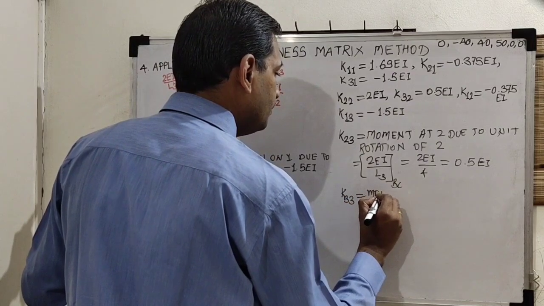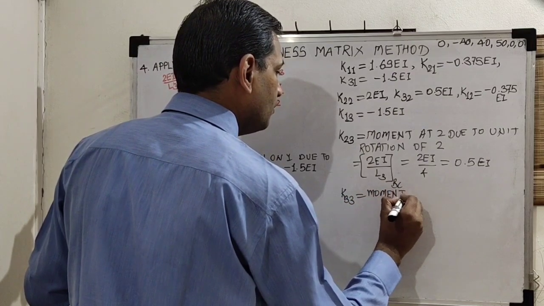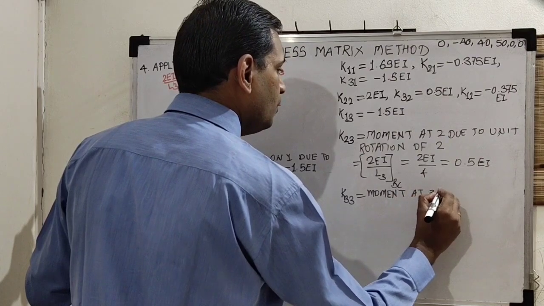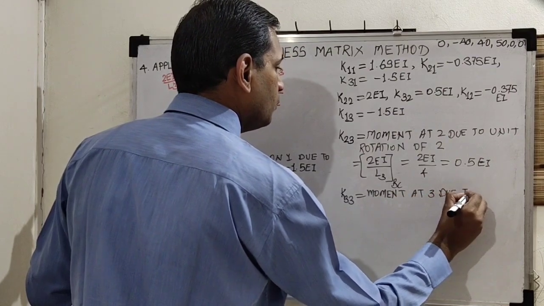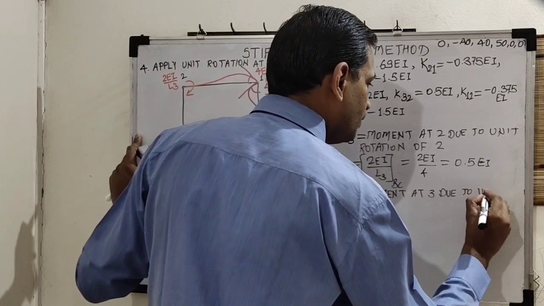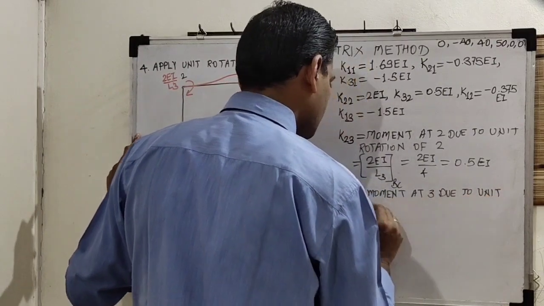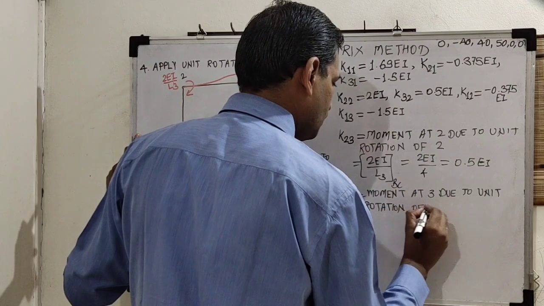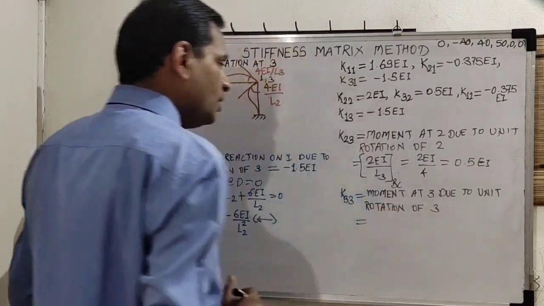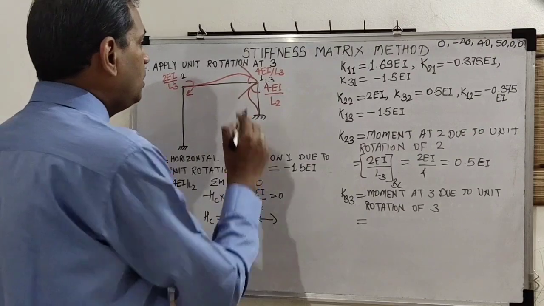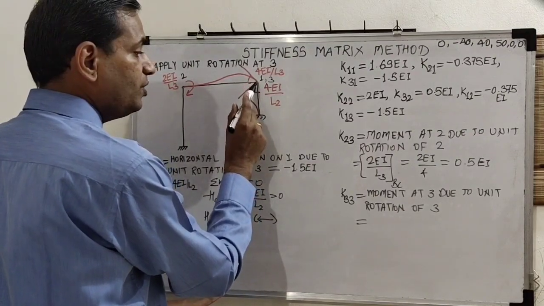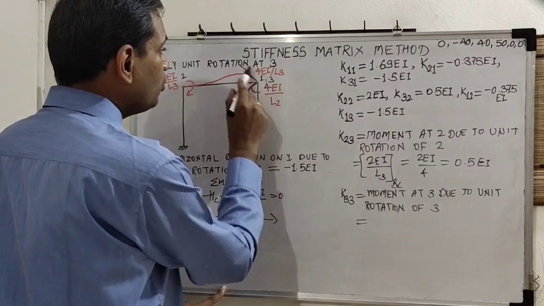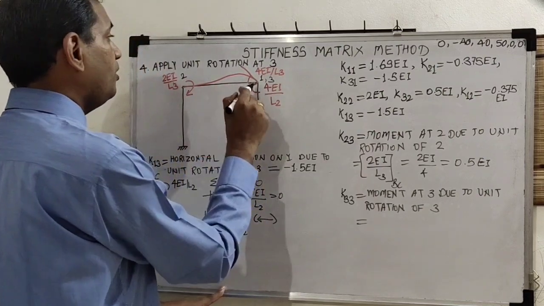Last is the unique value K33. Moment at 3 due to unit rotation of 3. Location 3 is here, and there are two values on 3. One is from the beam, another is from the column.